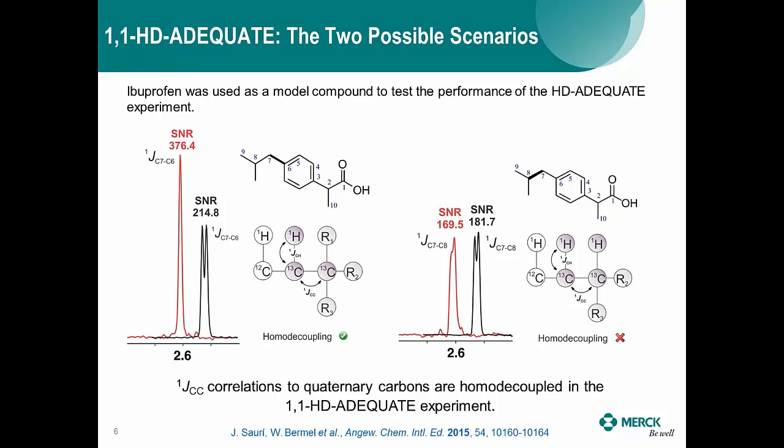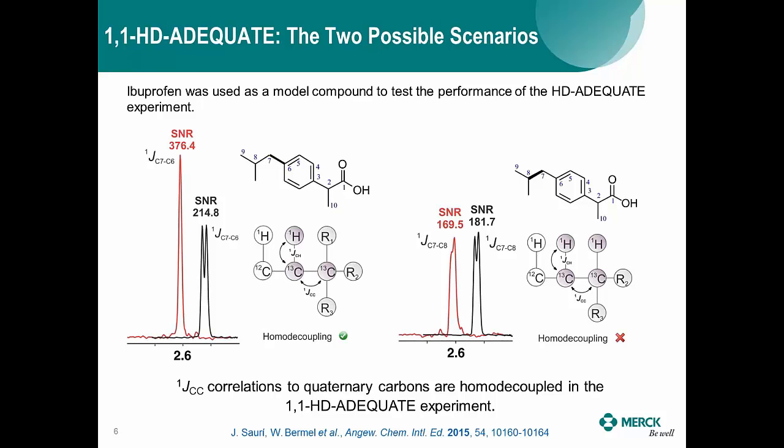So the proton-proton coupling constant that we are removing, it's basically one proton is attached to carbon-13, the other is attached to carbon-12. So everything collapses up to a singlet. We can see the black trace would be the doublet that we get from the conventional 1,1-ADEQUATE, and the red trace is the sharp singlet that we get from the 1,1 HD-ADEQUATE.